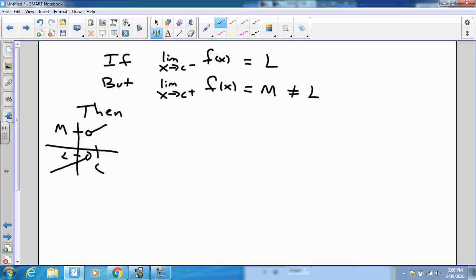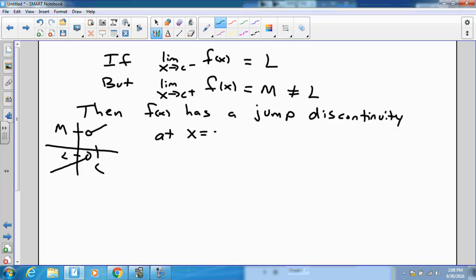So it would really have to happen like this, from the left L, from the right M. In order for that to happen, my function has to jump instantaneously from L to M. And so we're going to say that f of x has a jump discontinuity at x equals c. There.